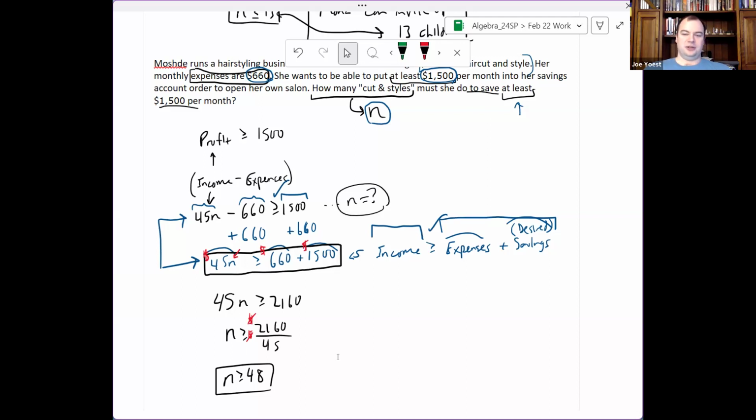If I had an answer like 48.1, then I need to round up to the next one, and she'd need to do 49 haircut and styles at least to cover her expenses and have the desired savings. If we got 48.1 and rounded to the nearest whole number down to 48, she wouldn't quite have enough to make the 1,500 in savings that she desires. So in these context problems, we have to be careful with which direction we round.